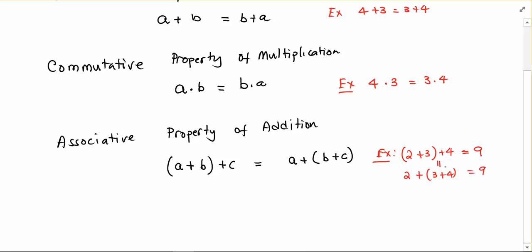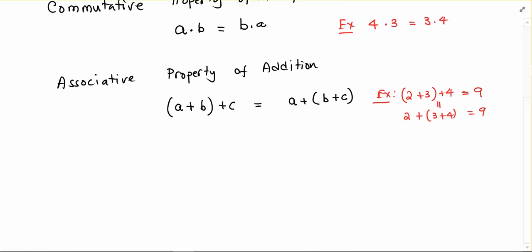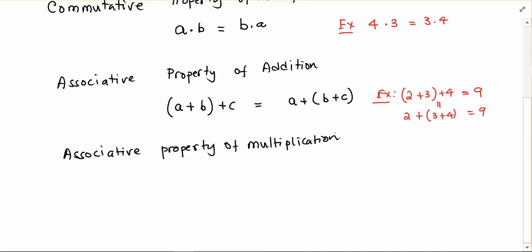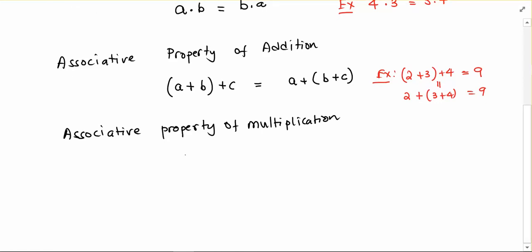Okay. And we also have an associative property of multiplication. So in this case, (a times b) times c is the same as a times (b times c).